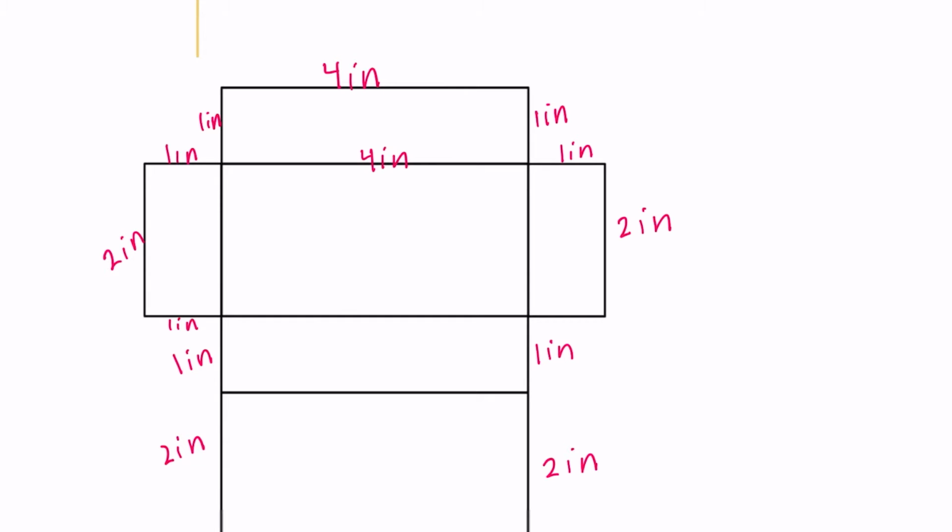Okay, so I already measured, and this is 4 inches, 1 inch, 2 inches, this is also 4 inches all the way down. Okay, so we have all of those labeled.